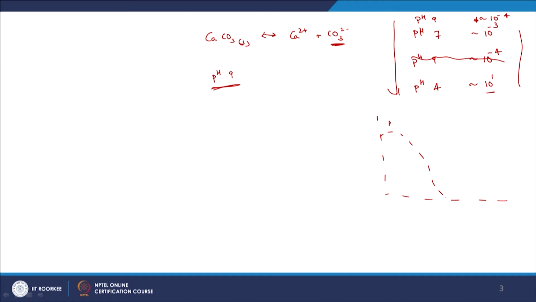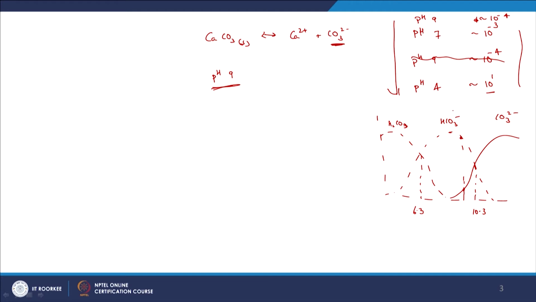So, this is H2CO3, this is going to be HCO3-, and this is going to be CO3 2-. And we know that pK1 is 6.3 and pK2 is 10.3. As we approach pH 9, somewhere around here, you know that CO3 2- is going to be present, and also HCO3-.